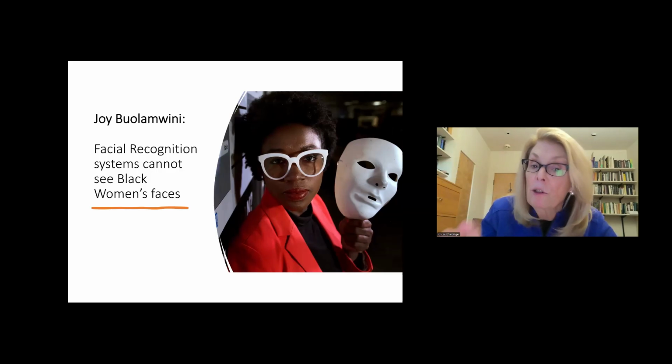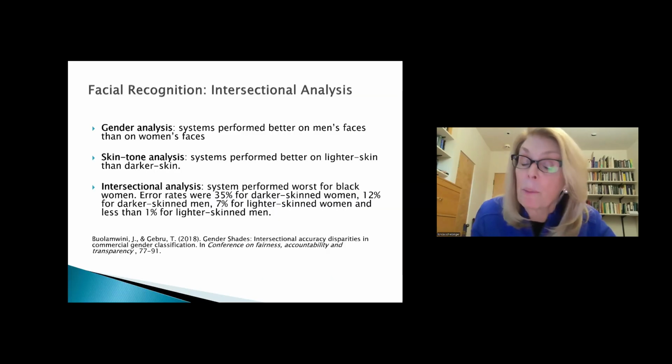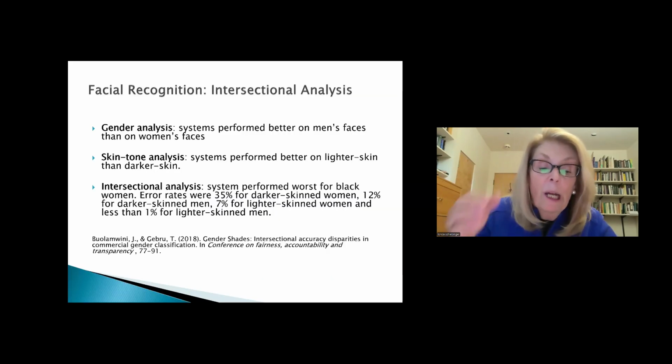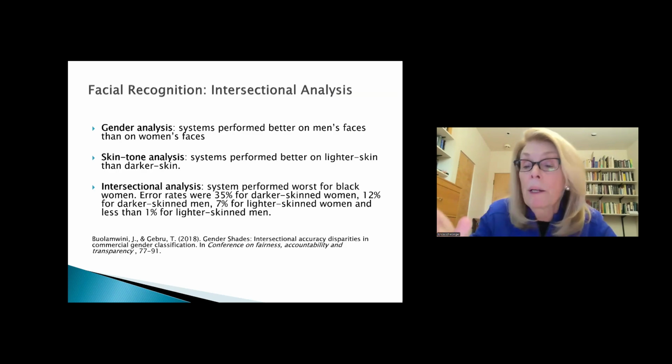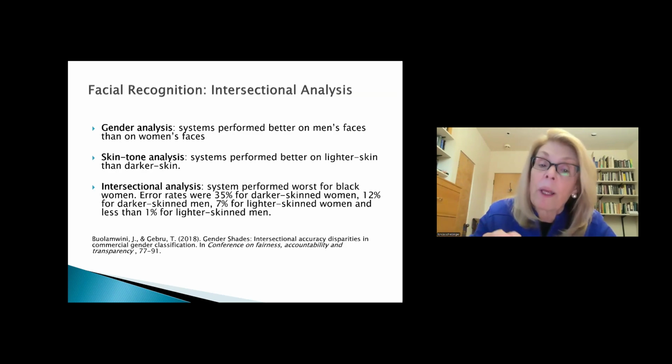So here's her intersectional analysis of the problem. She did a gender analysis, which showed that the system performed better on men's faces than on women's faces. Then she did a skin tone or race analysis and found that the system performed better on lighter skin than darker skin. But then here's the intersectional analysis. The system performed worst for Black women.